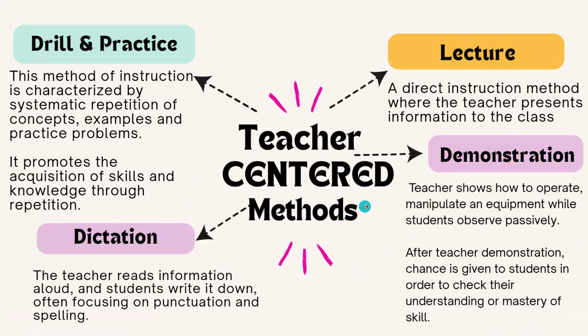So basically, your entire teaching and learning depends upon the teacher. And the students are most of the time quiet and they are not even allowed to speak up. Like I remember decades ago when I was in school, I was also taught through this traditional method of teaching. The teacher used to stand in front of the class. We used to sit quietly. We were so scared that we were not used to asking questions.